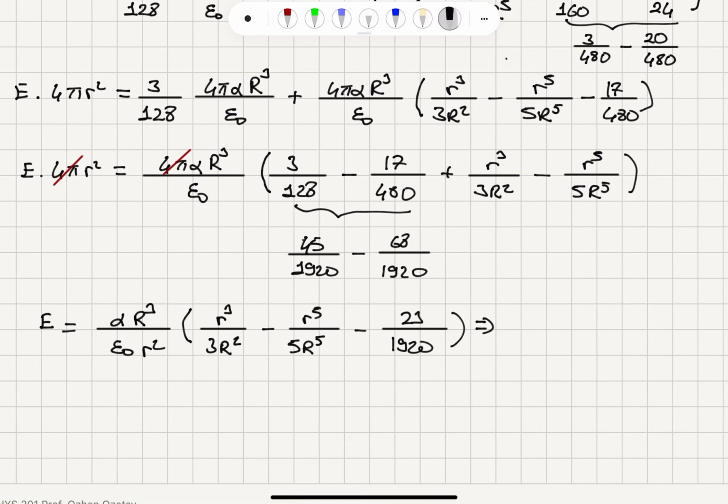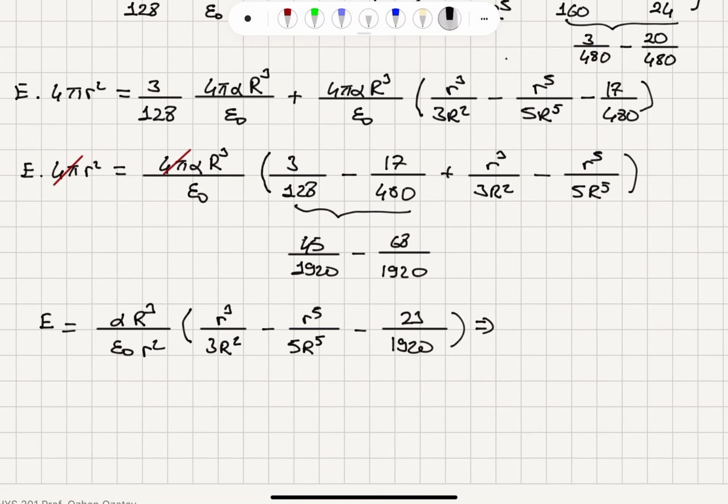So 480Q over 233 pi. There was the R cube on top, but alpha multiplied by R cube is what we're considering here. Alpha multiplied by R cube is 480Q over 233 pi.